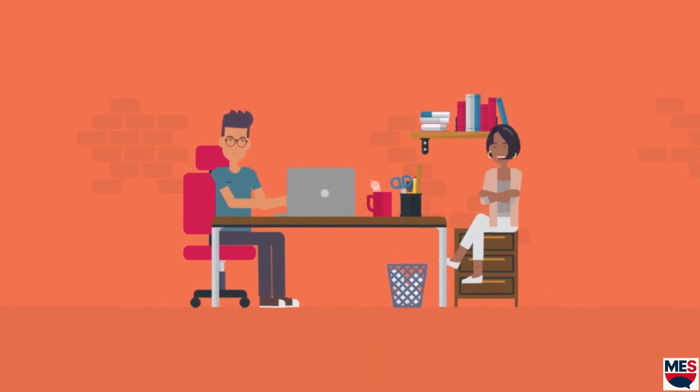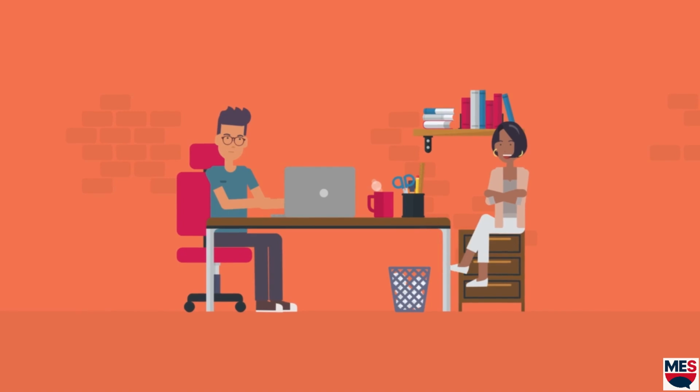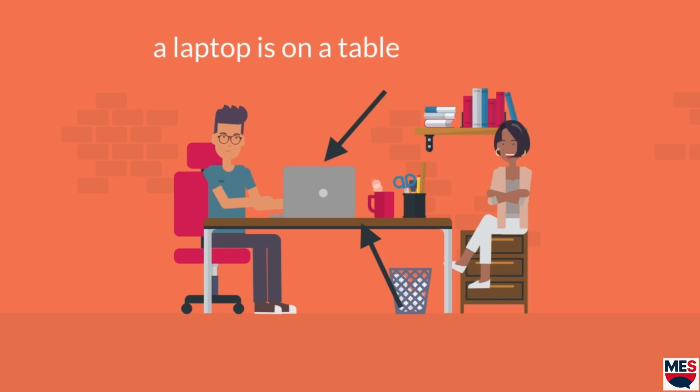But what if we want to talk about some specific object or person? For example, I want to talk about this laptop to say that it is sitting on the table. Will I say a laptop is on the table?